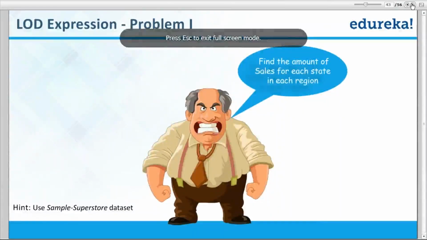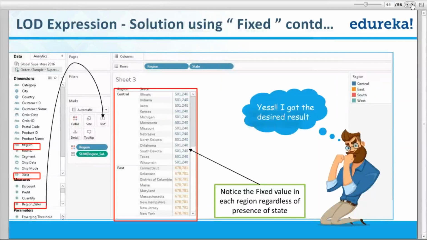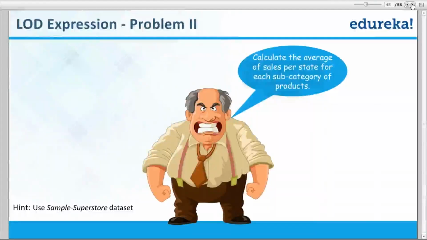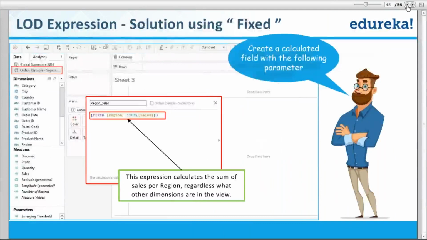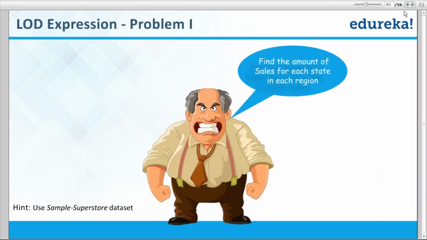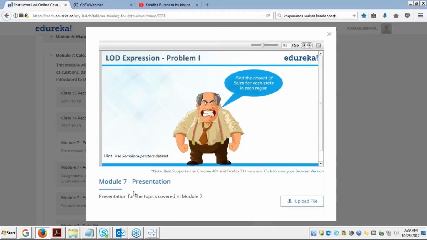So, in this example, friends, what is required here is, you need to have the region and state and the sum of sales there. So, irrespective of a region, see here, something different is required in this question. Find the amount of sales for each state within each region. Okay.